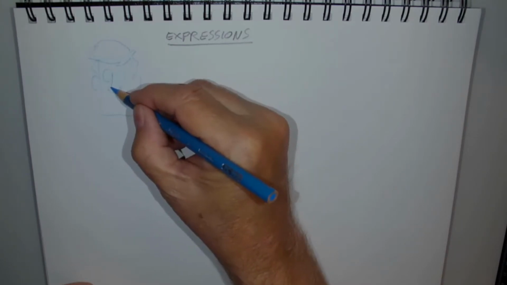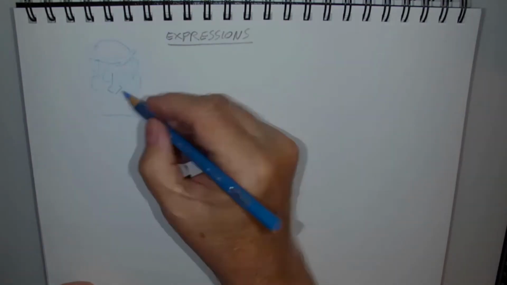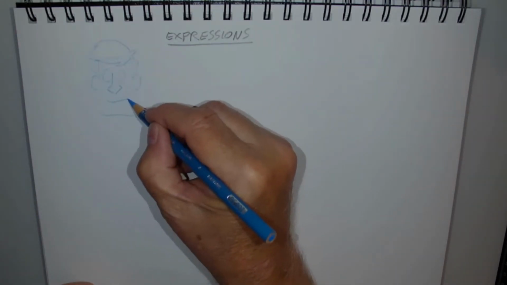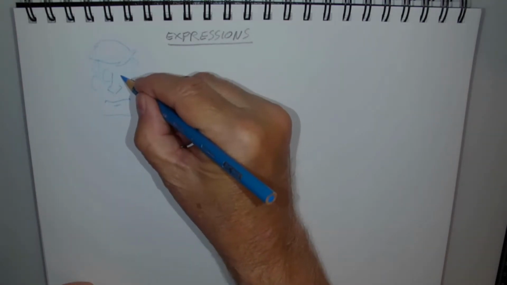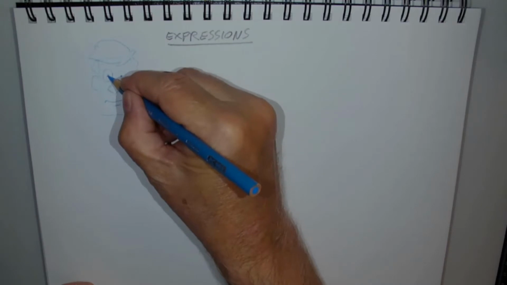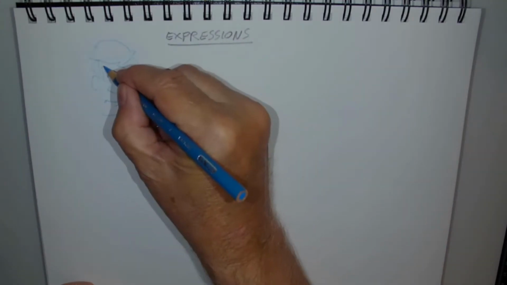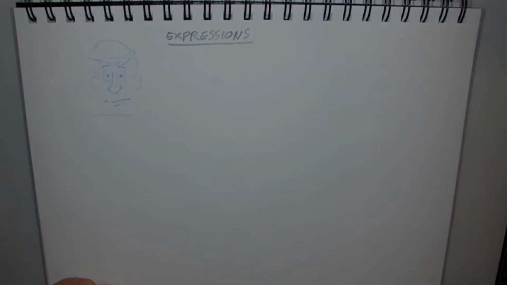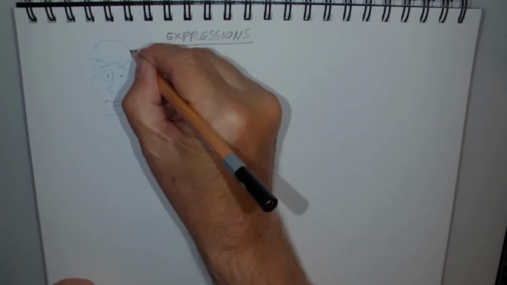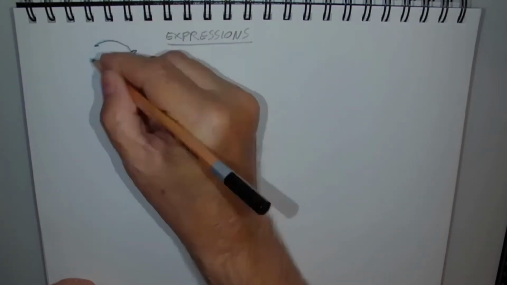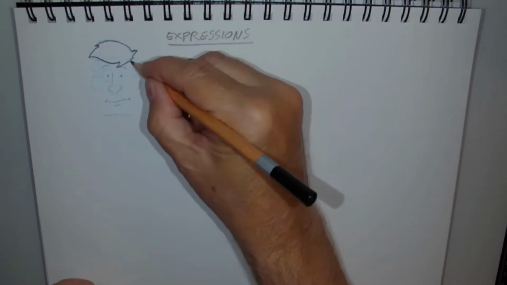So a little bit of the bridge of the nose coming out into kind of a little diamond shape here, and just a little bit of mouth shape here, and add those pupils into what would be the whites of the eye and the eyebrow. So looking at the elements we had before, just giving just a little bit more definition.